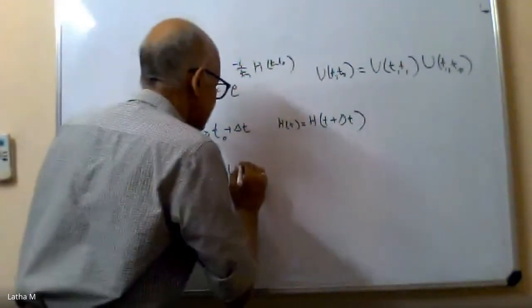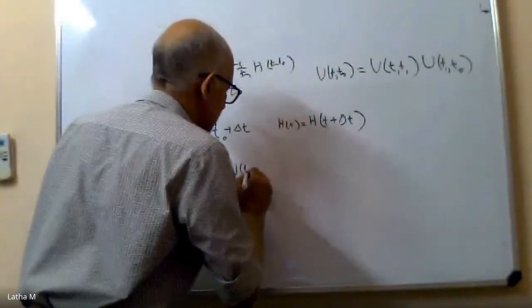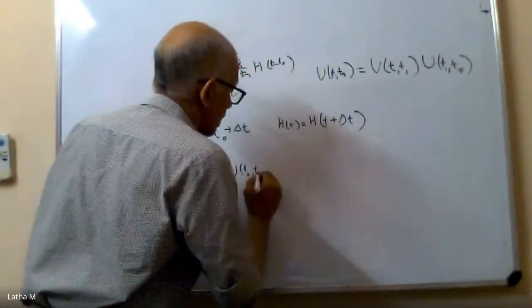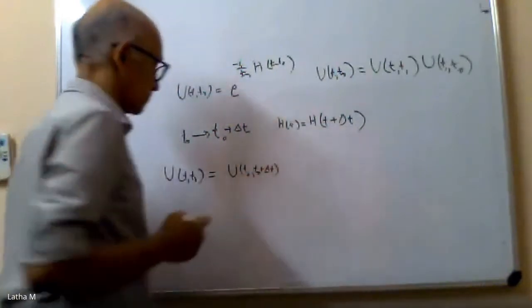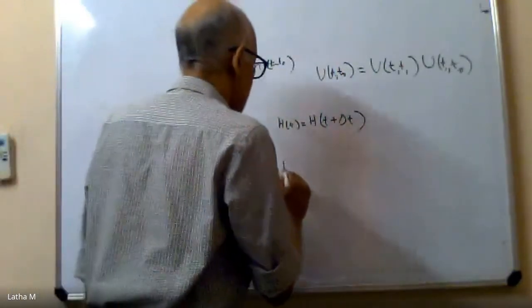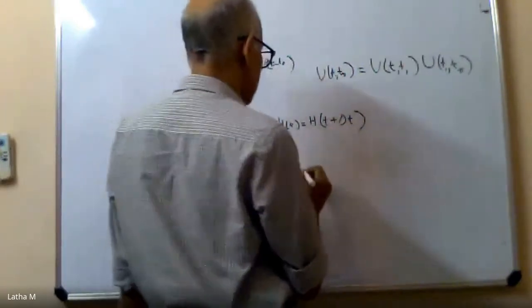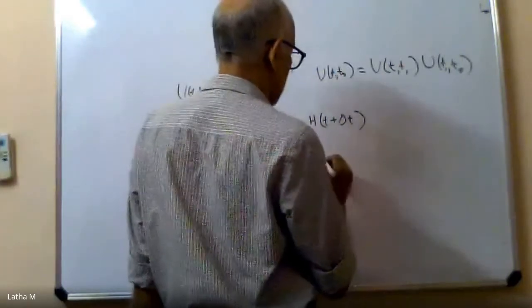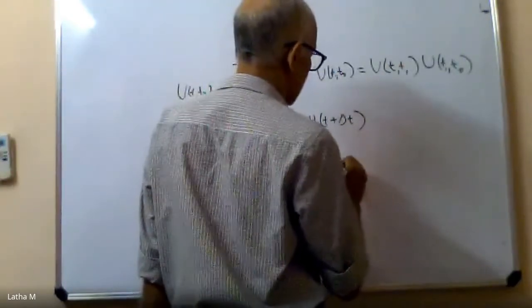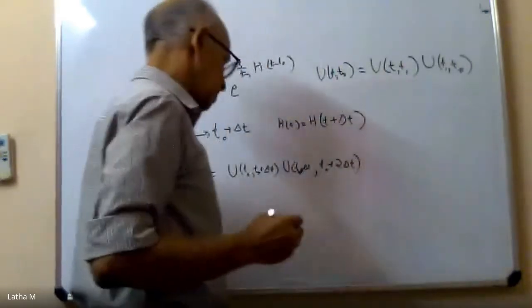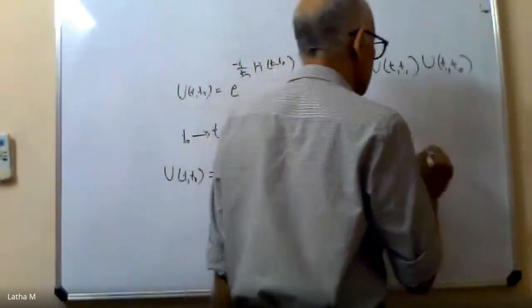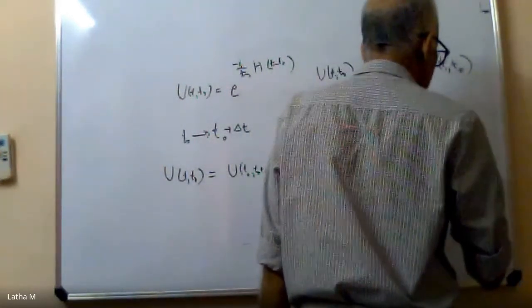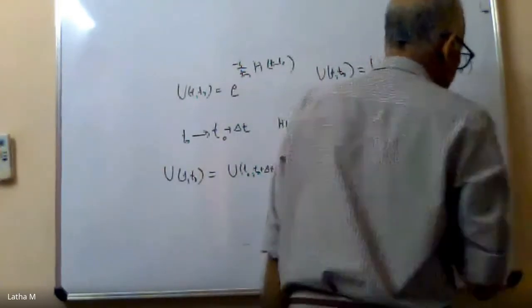That is, I can write this as U(t, t minus delta t) and so on, down to U(t0 plus delta t, t0), going through t0 plus delta t, t0 plus 2 delta t, etc., up to t minus delta t to t.